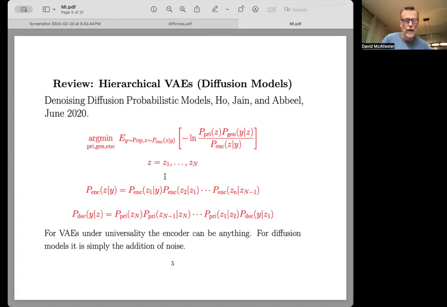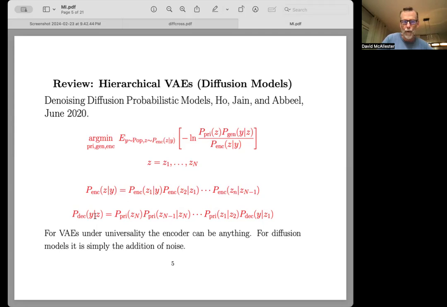First, this should be the probability of Y. That's a bug. The model's probability of Y samples Y by sampling from the prior. So what we're going to do is sample from the prior and then generate Y from the prior.